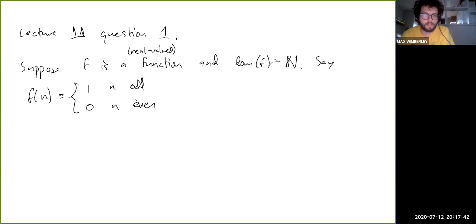So let's say that this is our function f, then is f continuous at x equals 3, let's say, or any point really. Obviously it seems like the answer should probably be the same for all of them, but you can pick whatever point you want and ask this question.